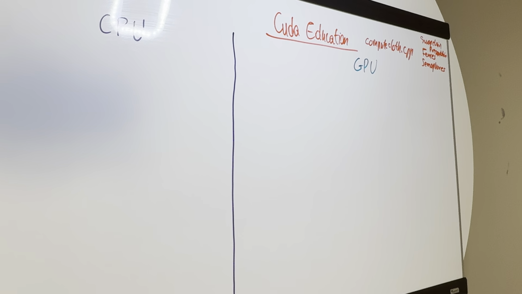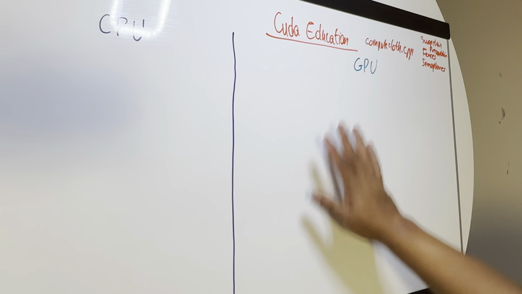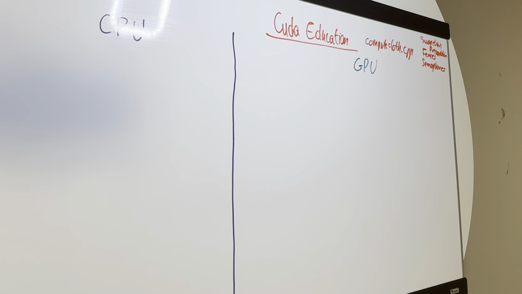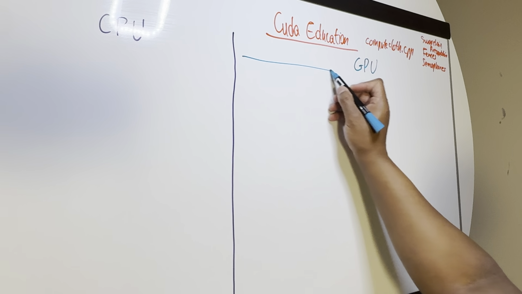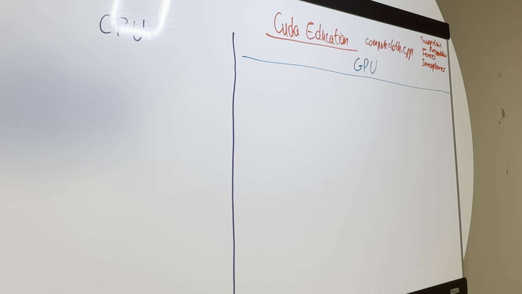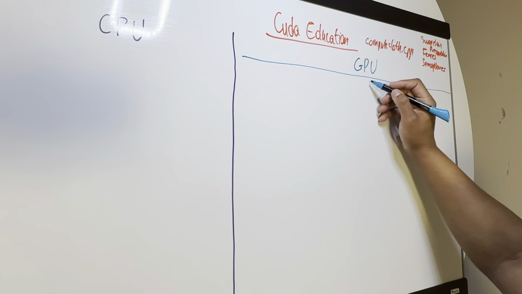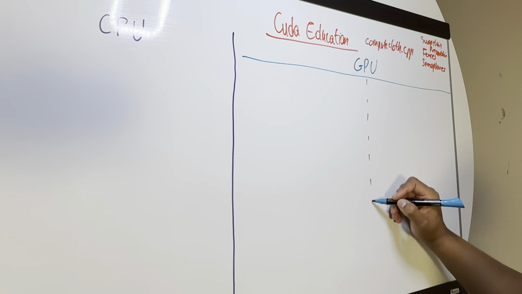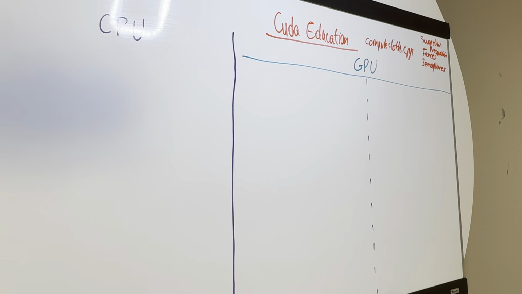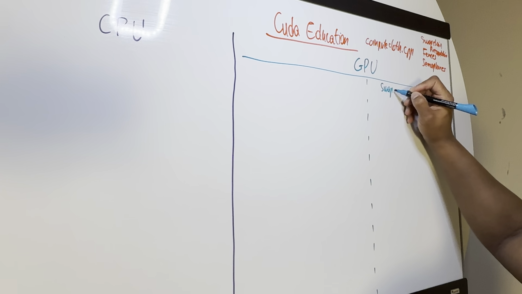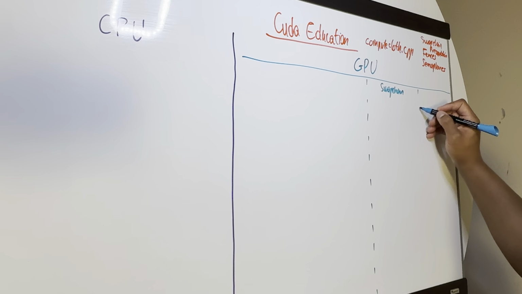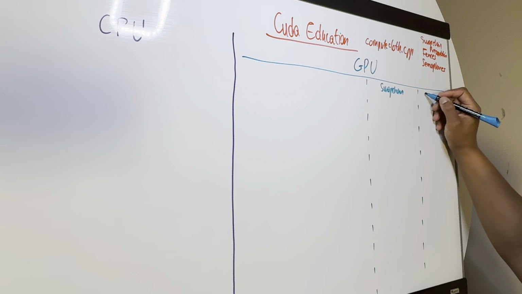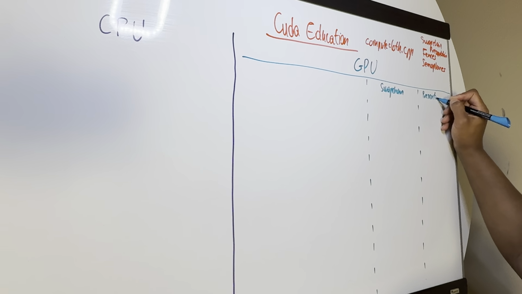This is all GPU. Inside of the GPU, we have a soft division called the swapchain, and then another soft division that we call presentation.